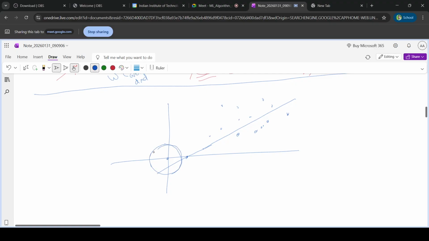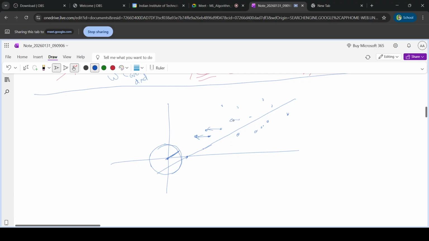You need to go through the vector w, which has to pass through the origin, in this direction. So you have to bring all the points near to that. Yes, we have to center the data.